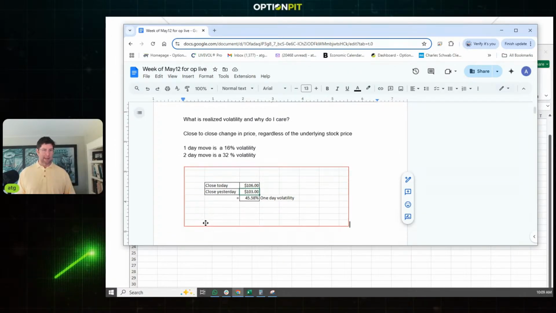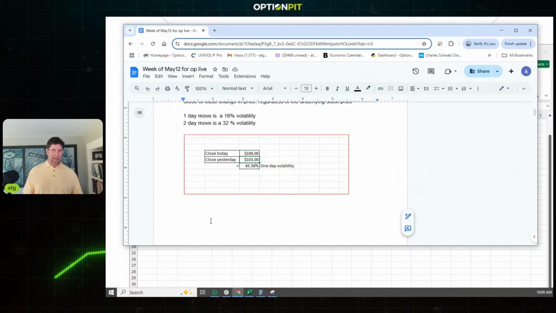So I'll give you an example here. Right now you have a one-day move of a 45% realized vol. Now, if the options are priced at a 35% volatility, and I'll show you where to find that, IV, it's easy for them to make money.